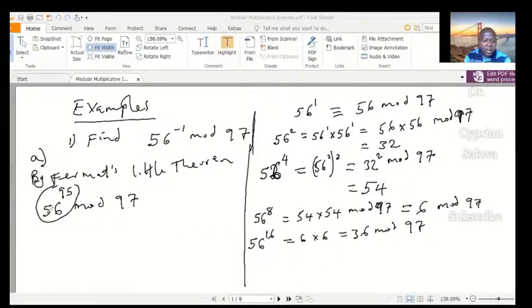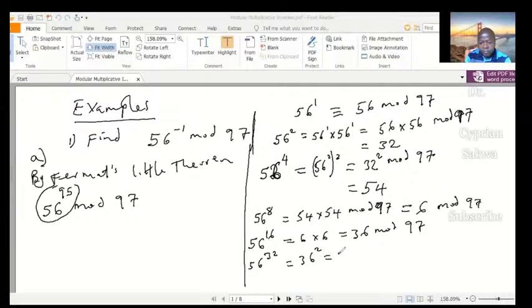What I'm looking at is 56 raised to 95, so I'm squaring and squaring until I get there. The square of this is 56 raised to 32, which will be 36 squared, and when you do that using a calculator, you get 35.